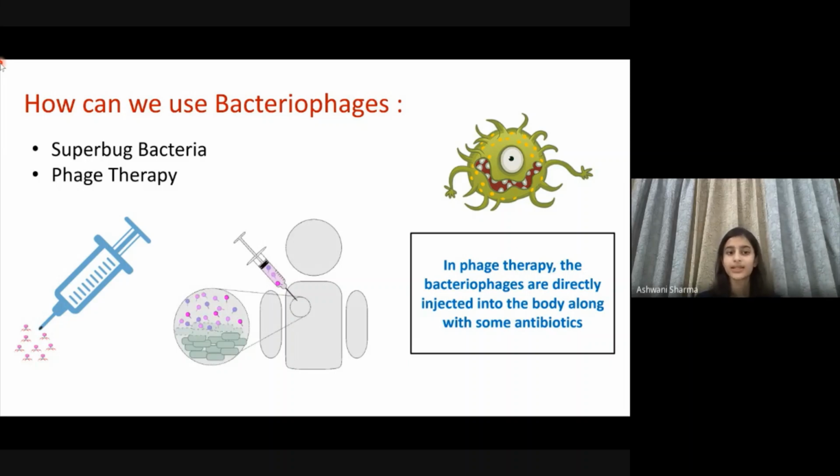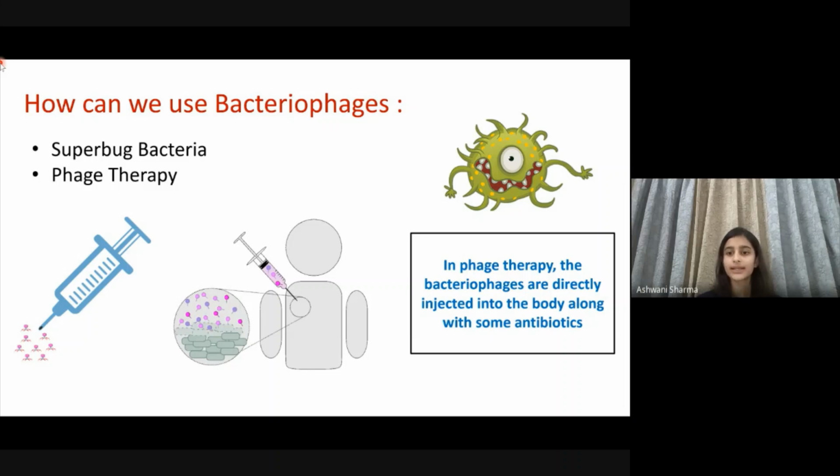So now, is injecting millions of viruses into our body really a good idea? Well, we know that bacteriophages don't harm the human cells at all, and they are excellent killers of bacteria. So this is actually a really good idea. But another question that comes to mind is that just like bacteria became immune to our antibiotics, will they not become immune to these bacteriophages?